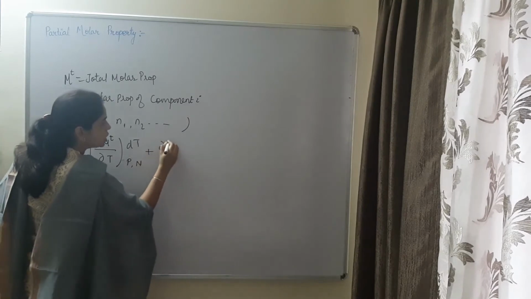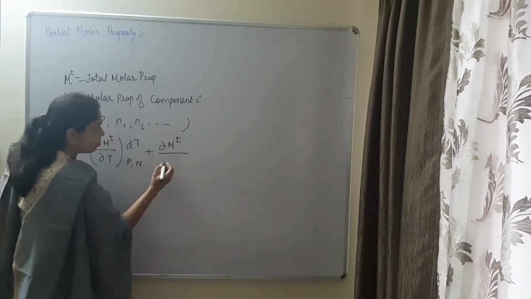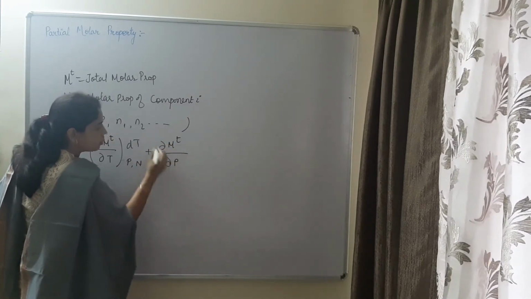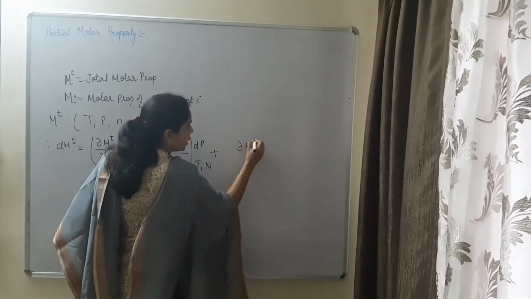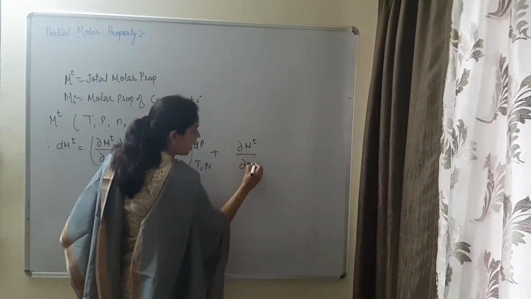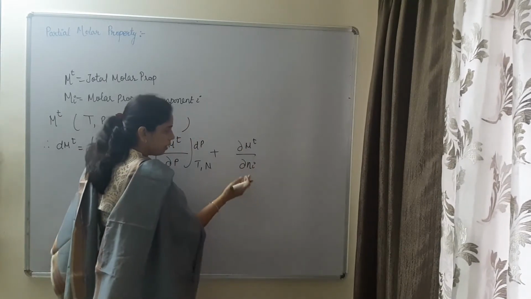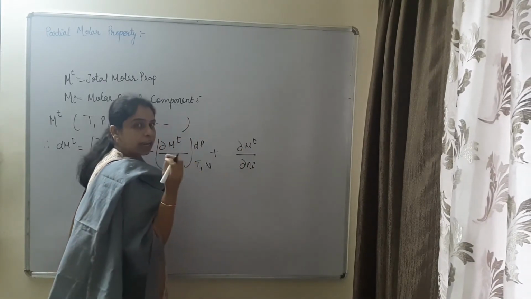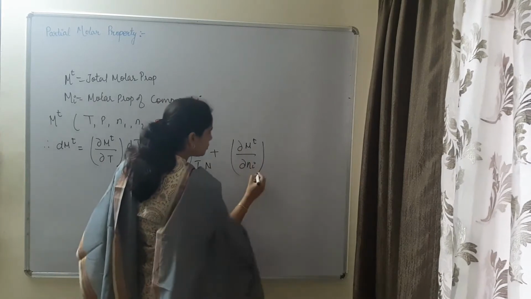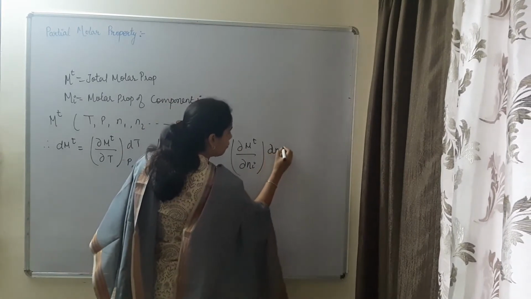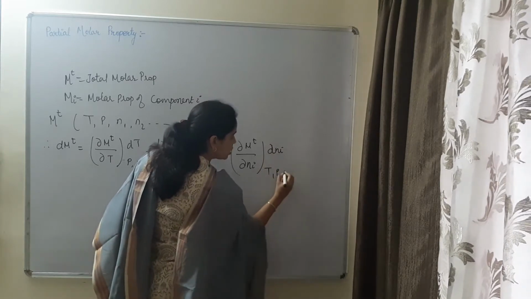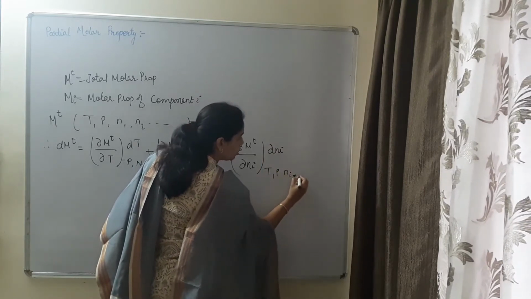Then plus the partial change in total molar property with respect to pressure, dP, where temperature is constant and n is constant. Then the partial of Mt with respect to ni, where i represents any individual component, dni, where temperature and pressure are constant and n is not equal to j.